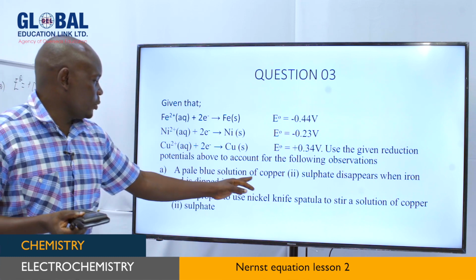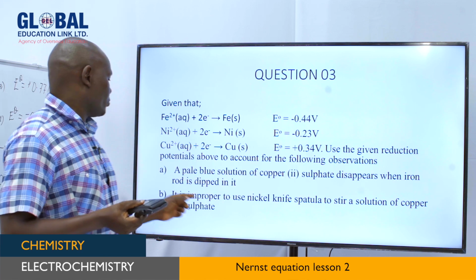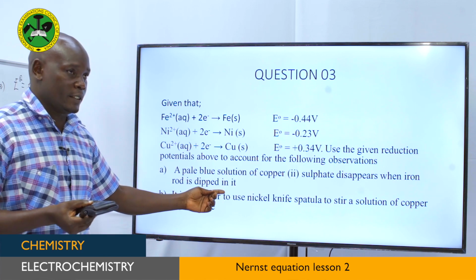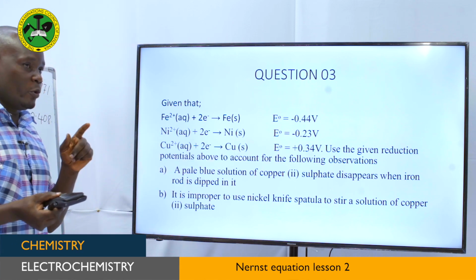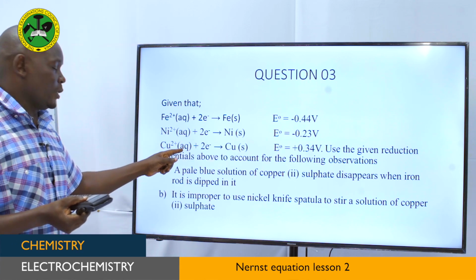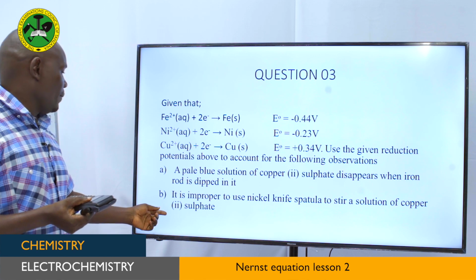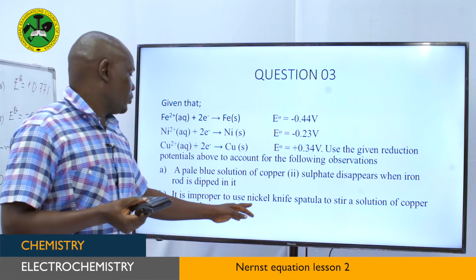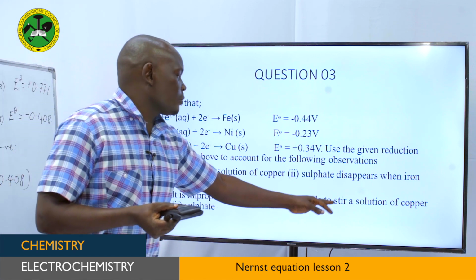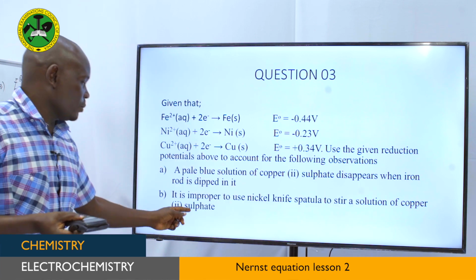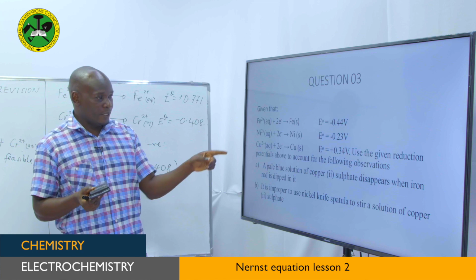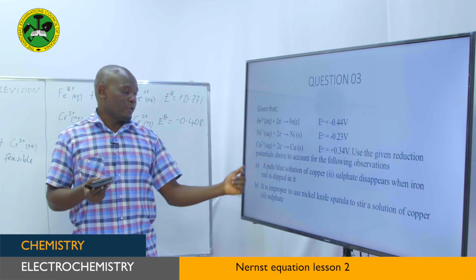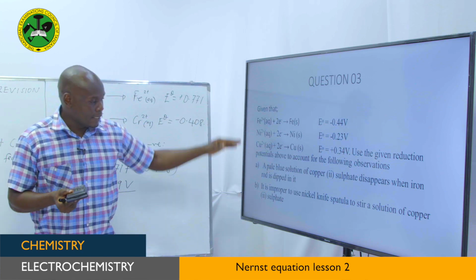A: a pale blue solution of copper 2 sulfate disappears when an iron rod is dipped in it. The standard electrode potential will help you to answer such a question. Part B: it is improper to use a nickel spatula to stir a solution of copper 2 sulfate, which is also an application of standard electrode potential. So that is the second assignment.